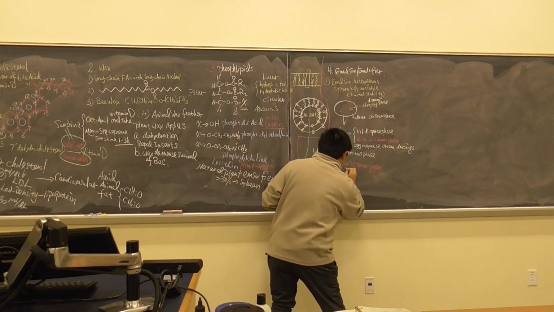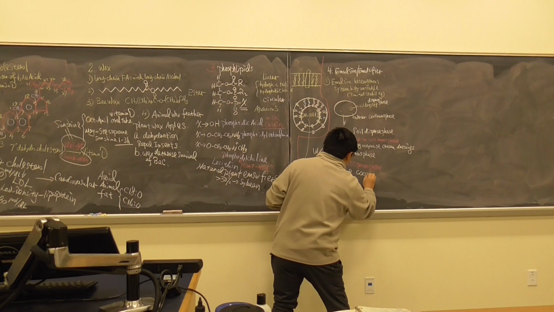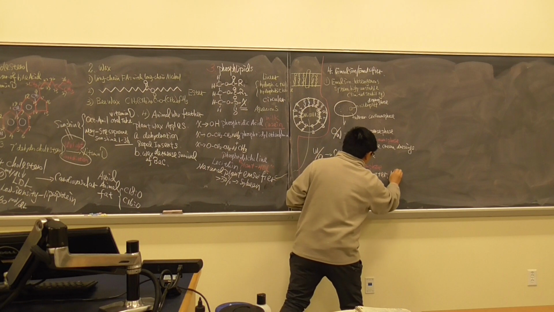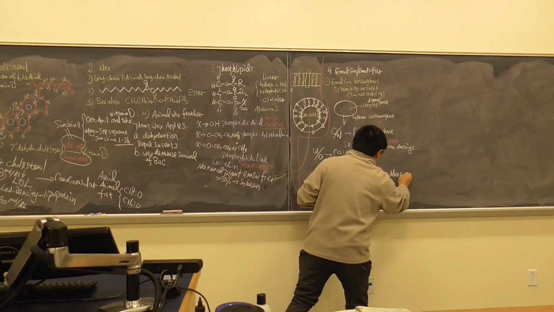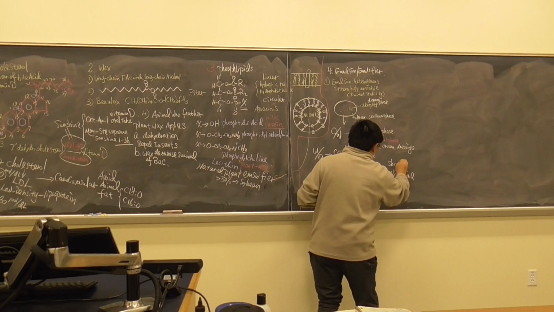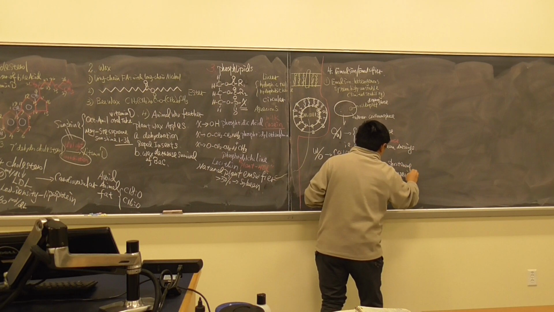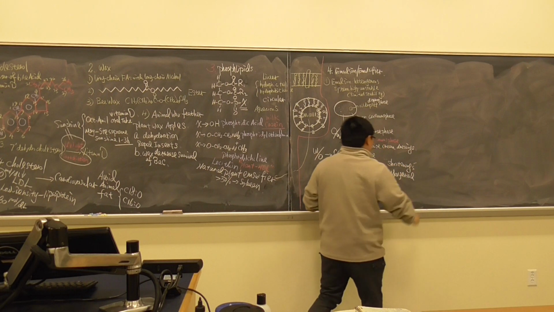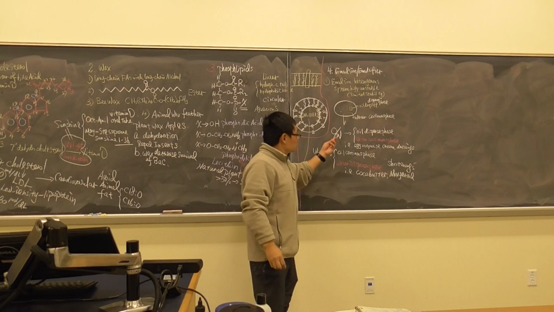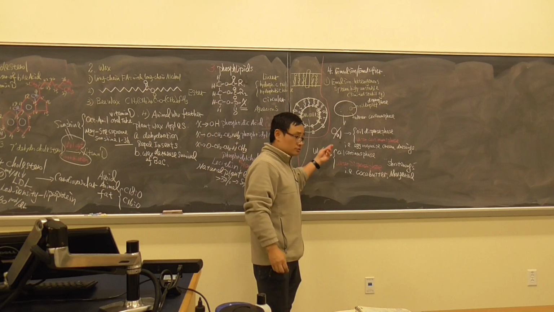We know that butter looks like that, let's say cocoa butter, and margarine looks like that. Margarine looks like that, and the shortenings look like that.